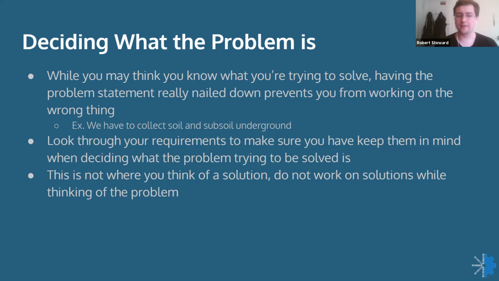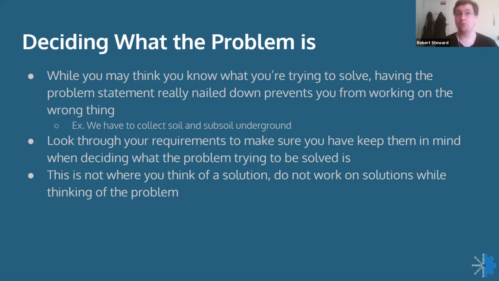But as long as you look at the requirements that you've made, it will really help you in nailing down that problem. And then while you're thinking about your problem, you should not be thinking about your solution.